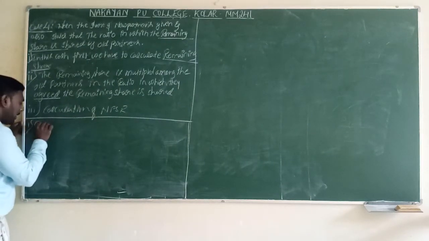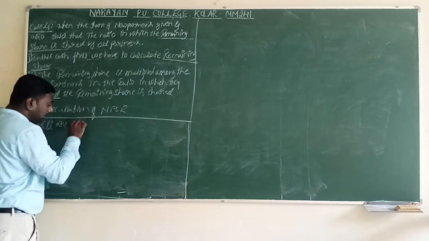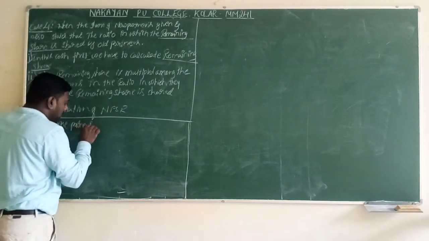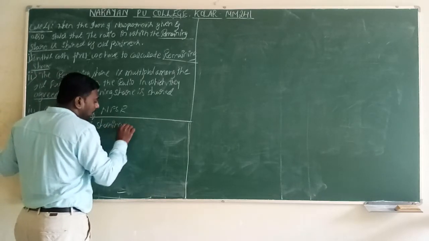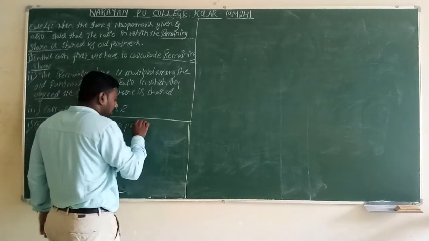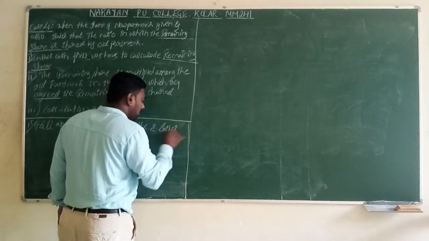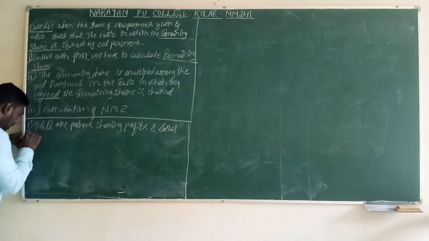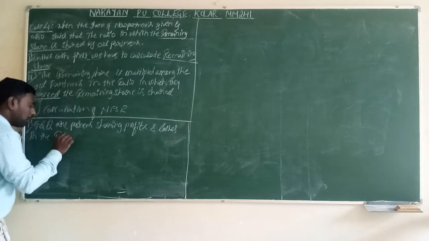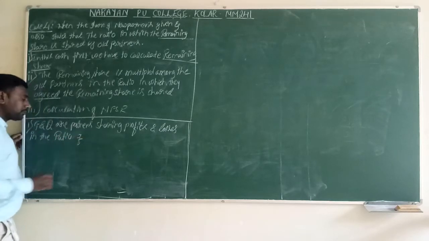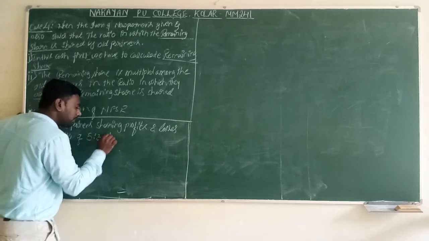P and Q are partners sharing profits and losses in the ratio of 5:3.